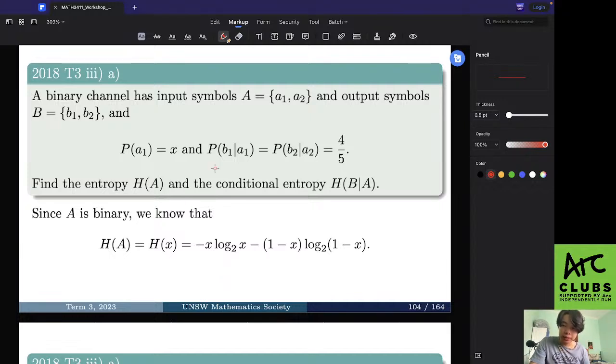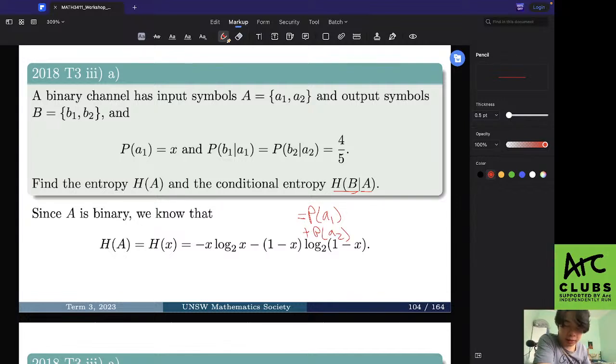And we can also get the conditional entropy. And this is the entropy of the output given we know the input. So there's two possibilities, right? Our input could either be A1 or the input could be A2.